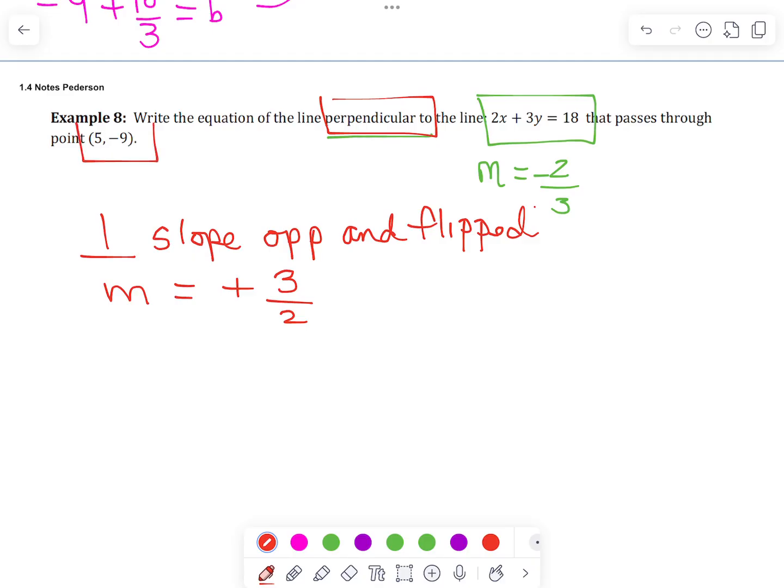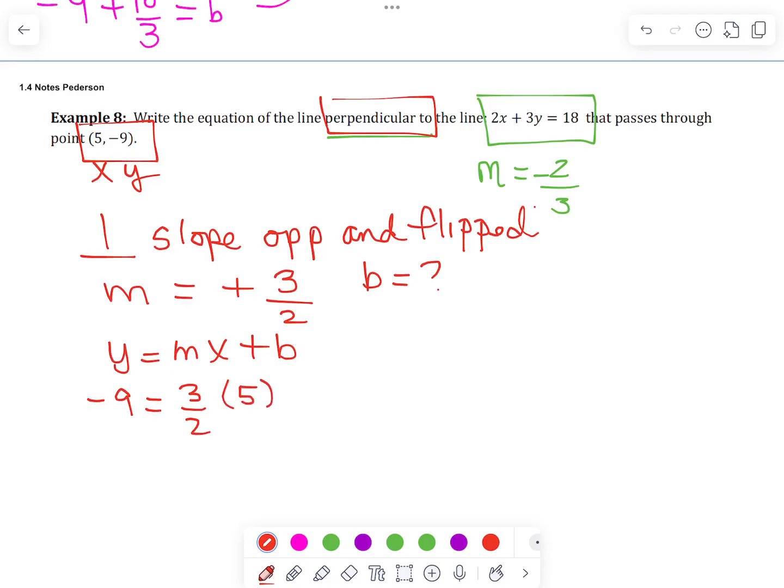And now we're going to use that same point, x and y, to find the y-intercept. So y equals mx plus b. We sub it in. The y is -9, the m is 3/2, the x is 5, and we find out what b is. We multiply 3/2 times 5, which is 15/2.